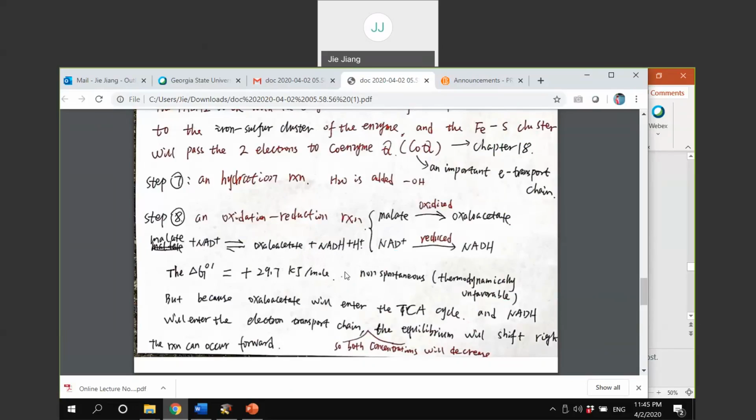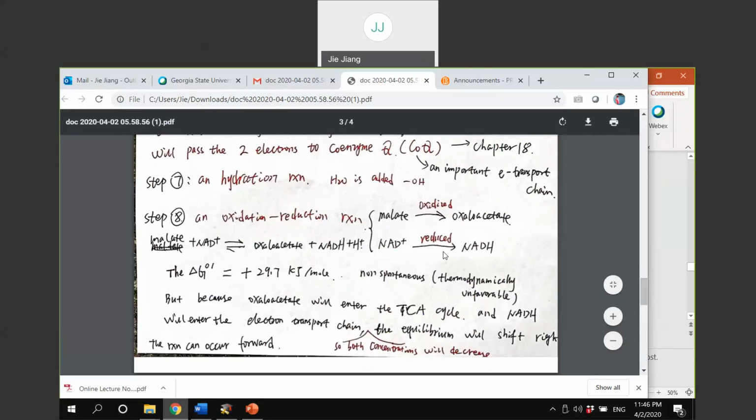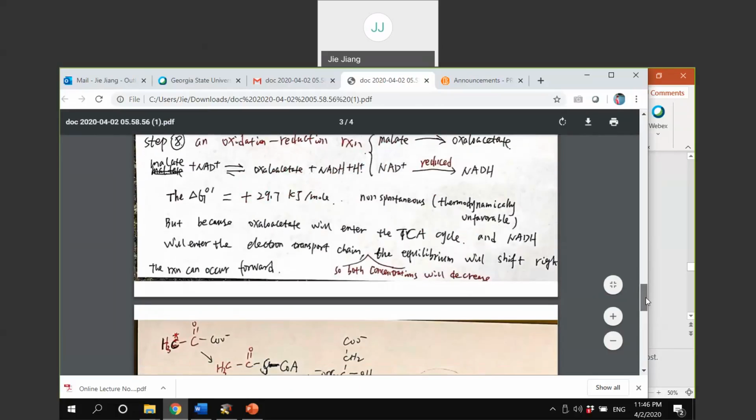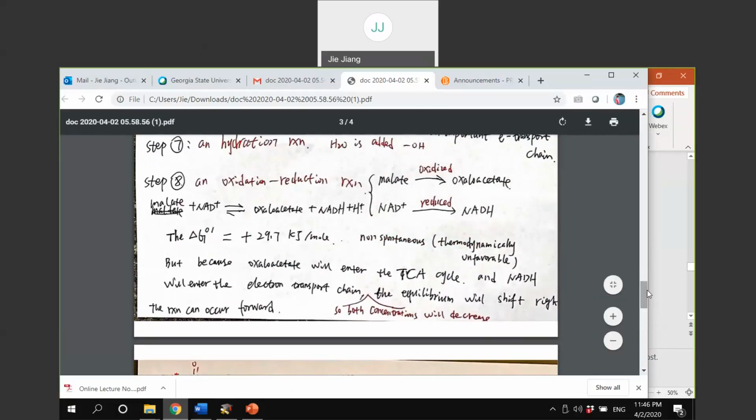Just be careful how you explain this. So that's all 8 steps of the citric acid cycle. A couple of enzymes are involved, especially those 2 with iron clusters, and also some oxidation-reduction reactions. So you need to know.